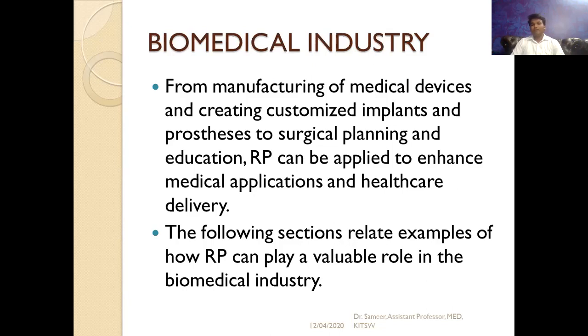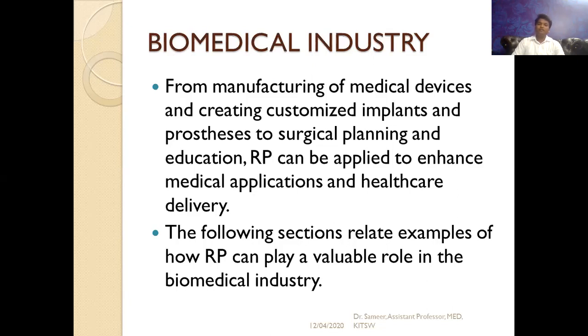With the use of additive manufacturing, we can produce medical devices and also create customized implants. The word customized can be understood that each and every human body has different sizes and shapes. So it is not possible to produce implants in mass production. So we need to scan the part for which we are going to manufacture the particular implant.